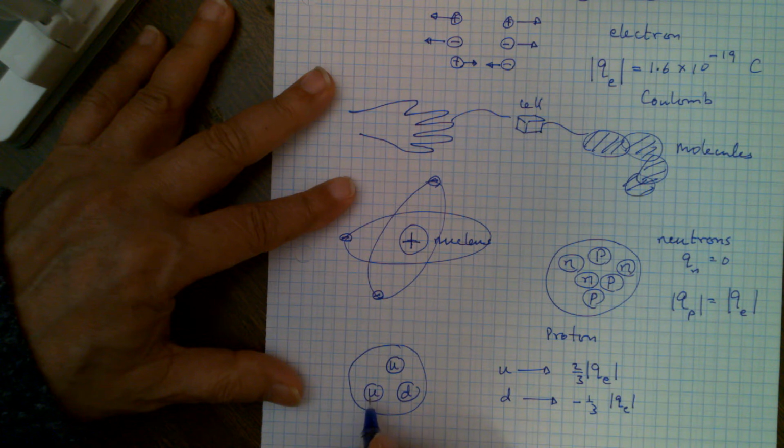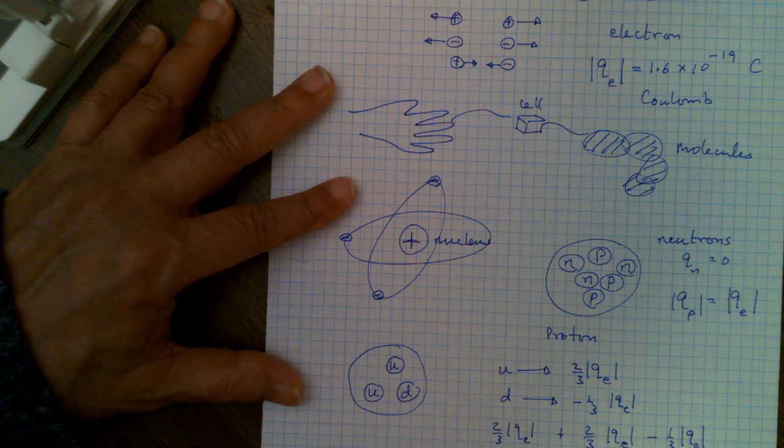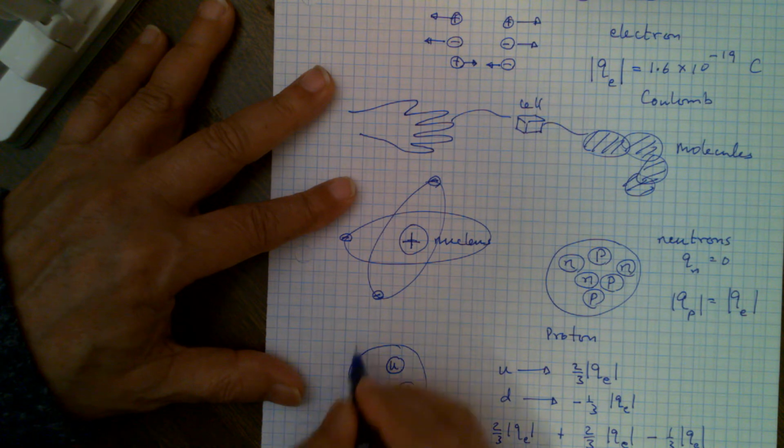So when you add them up, for U, U, and a D, you will get 2/3 of QE for the first U, another 2/3 of QE for the second U quark, and negative 1/3 for the down quark. U is called the up quark and D is called the down quark. If you add them up, you'll get 1 unit of electronic charge, but positive. So the proton's charge is positive.